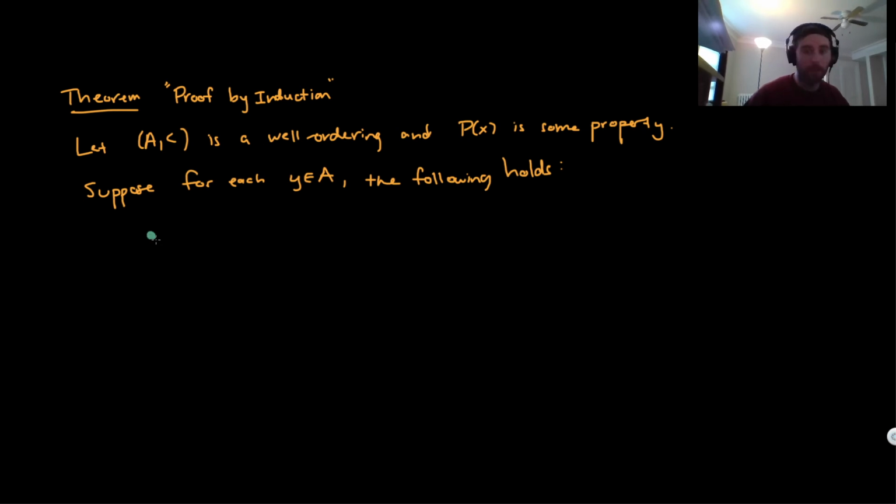What we're assuming is that if for each x less than y, P of x holds, then P of y holds. So we are assuming the statement is true for every single y in A. Well, what's the conclusion? Well, then it has to be true that P of y holds for every single element of A.